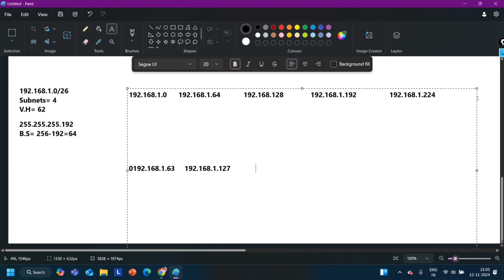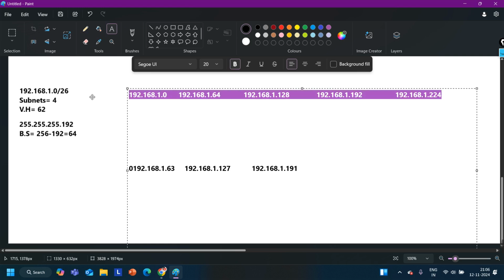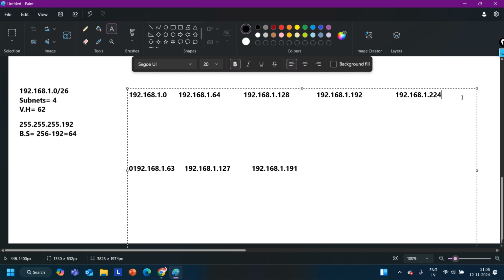192.168.1.127, last IP address of third subnet. Right, fourth subnet, third subnet. Yeah, fourth. How do you get it?